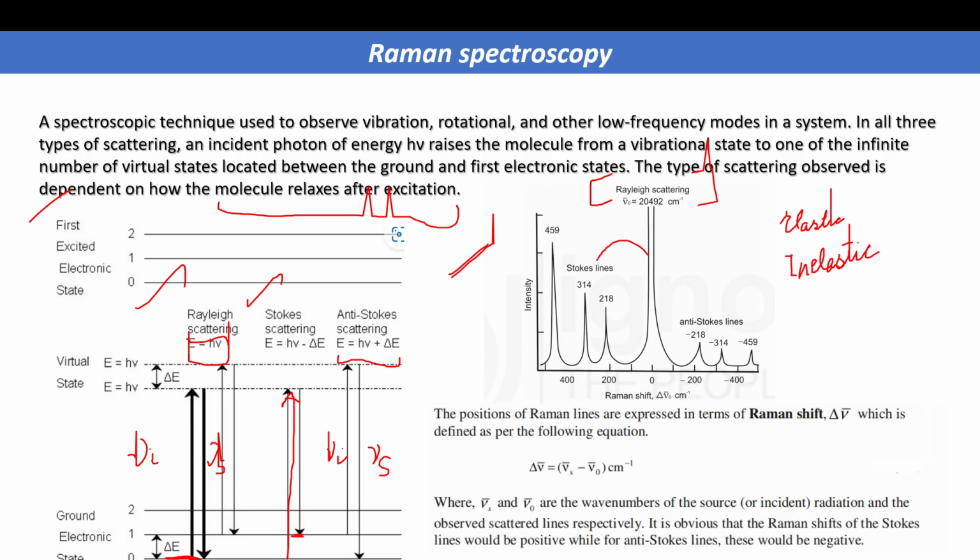The left of the Rayleigh scattering is the Stokes line, and the right of the Rayleigh scattering is the anti-Stokes line.